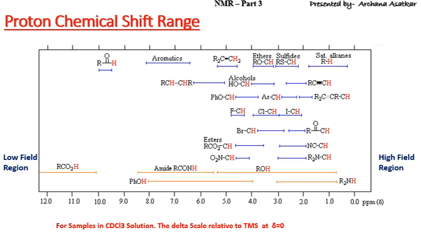And for ROH, the value varies from 0.8 to approximately 5.5, due to the presence of various kinds of electronegative elements attached to the nuclei, or anisotropic effects.